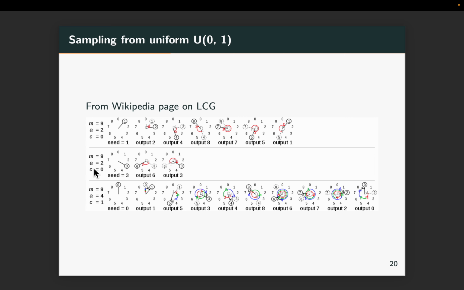If we had chosen m equal to 9, a equal to 2, c equal to 0, and we start with a different seed here, the cycle is smaller, right? So that's where the seed also becomes dependent. So typically you'll want to choose values of m, a and c so that whatever seed you give, the cycle is very, very long. And this is how you're able to get reproducible results.